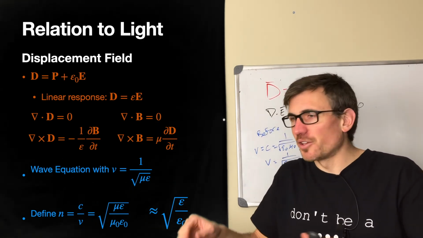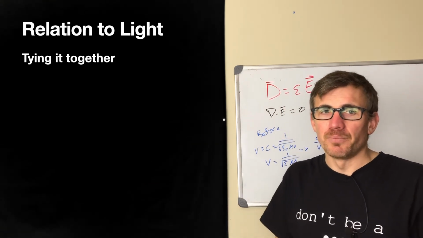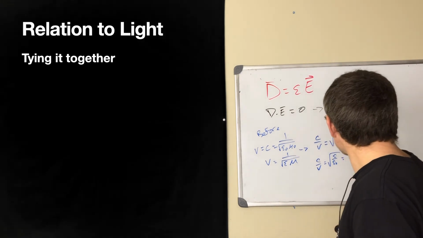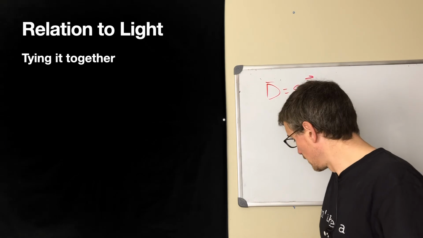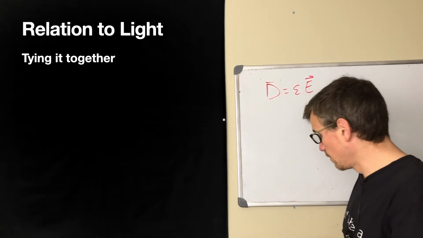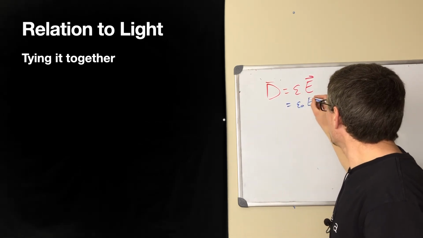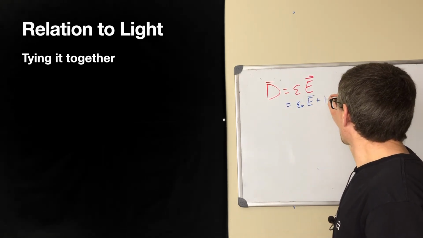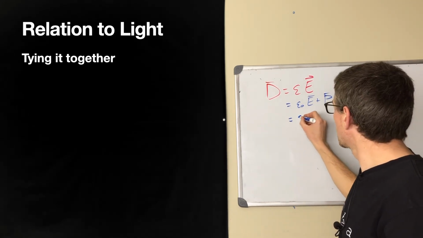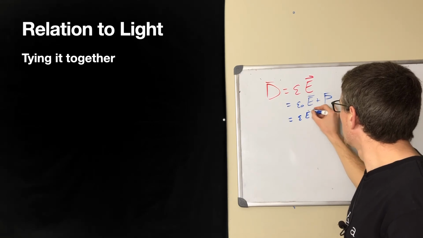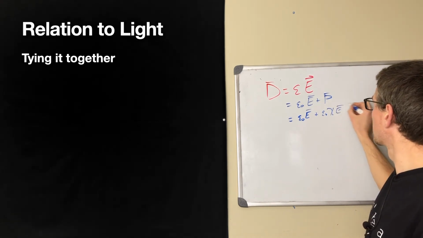Okay, all the dominoes are set up, and now we flick them, and we're going to tie everything together. Let's do what we did before. So we have D is equal to epsilon naught E for a linear medium. And in general, it's just equal to epsilon naught E plus the polarization. And because we're assuming linearity, that's epsilon naught E plus epsilon naught chi times E. That's the polarization, right?